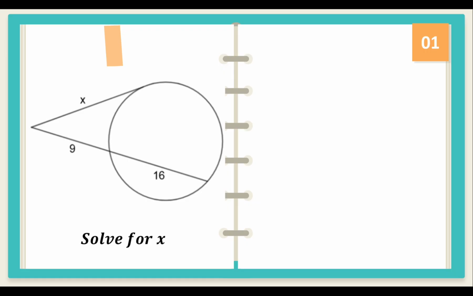Example number 1. We have here a figure, and of course we have a tangent and a secant intersecting outside the circle, and we are tasked to solve for x. So what would be the very first thing for us to do? Always set up the equation based on the tangent secant power theorem.